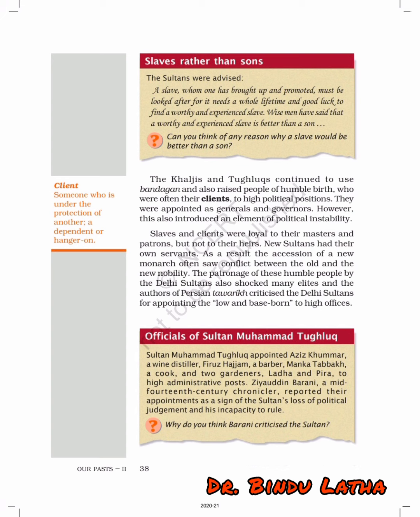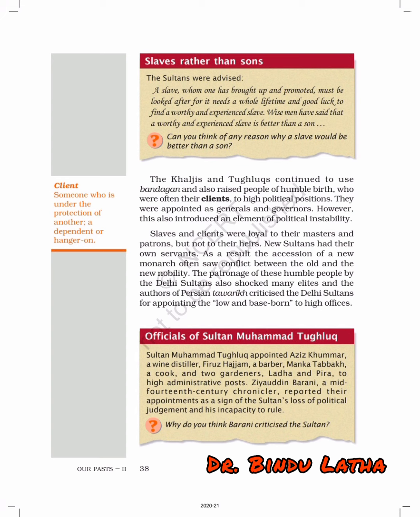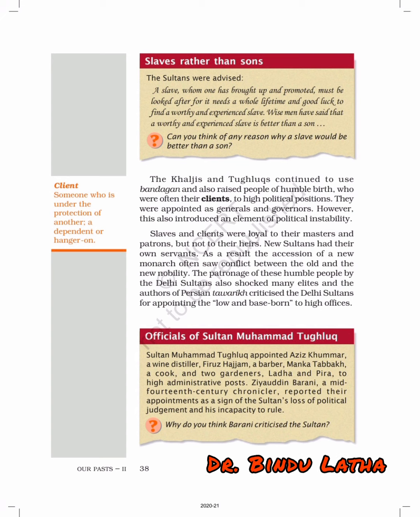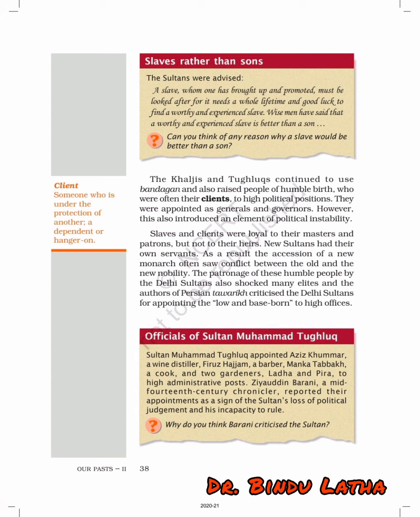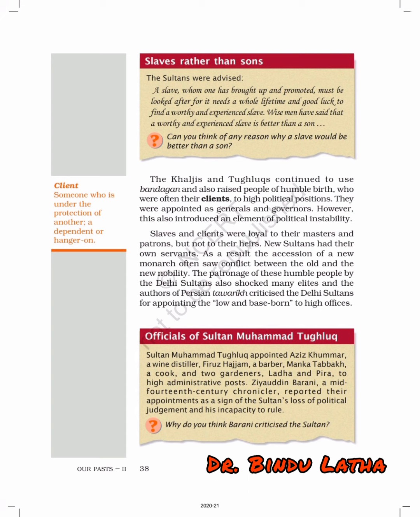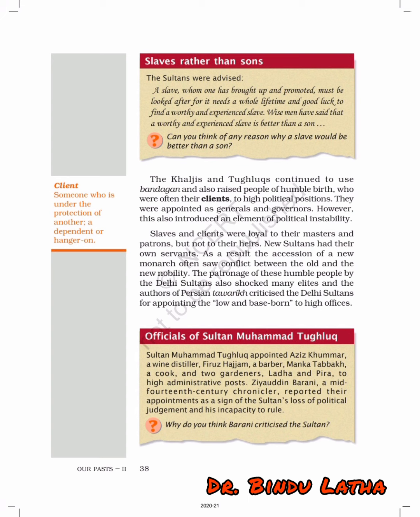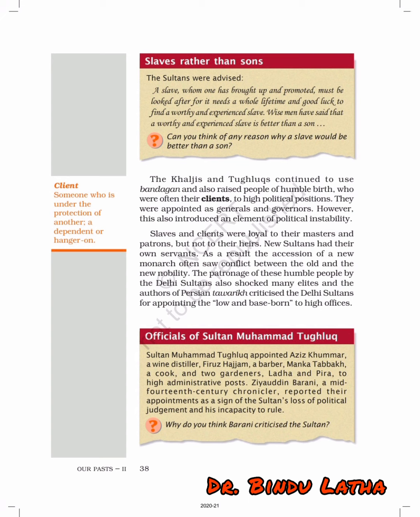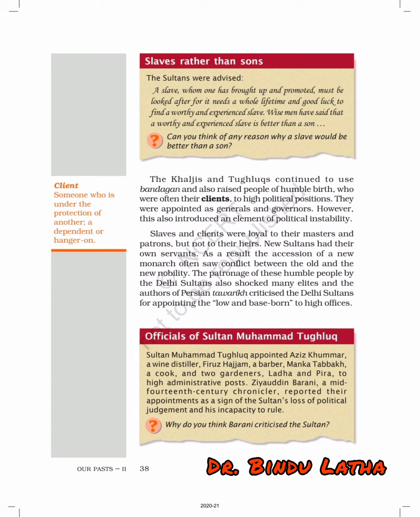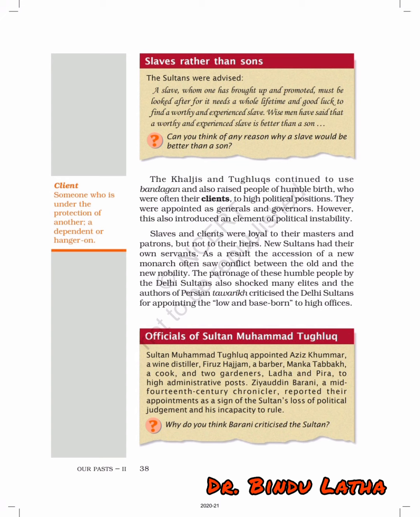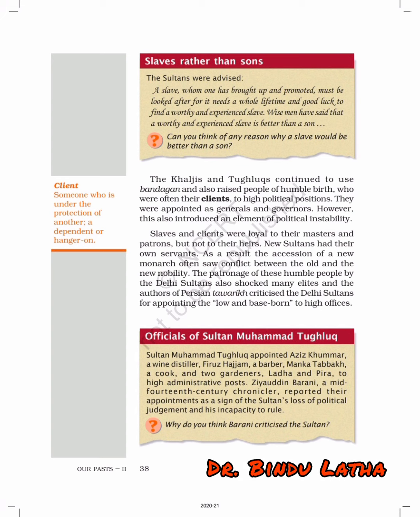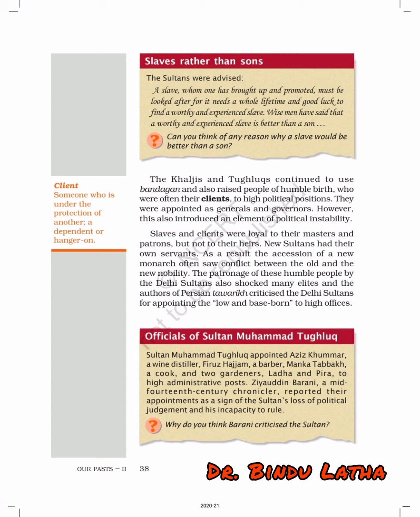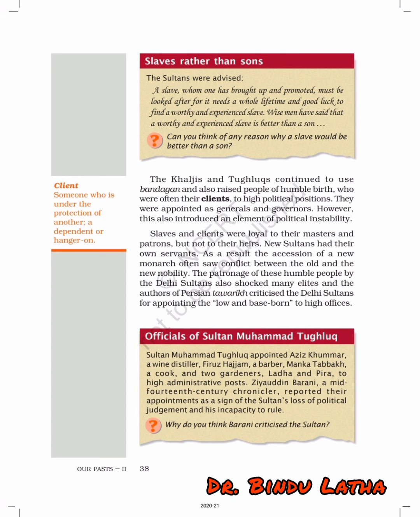The Khiljis and Tughlaqs also appointed military commanders as governors of the lands. These lands were called Ikta. Which land? The places ruled by the military commanders appointed by the Khiljis and Tughlaqs. These lands were called Ikta and its holders were named Iqtadar or Mukti.